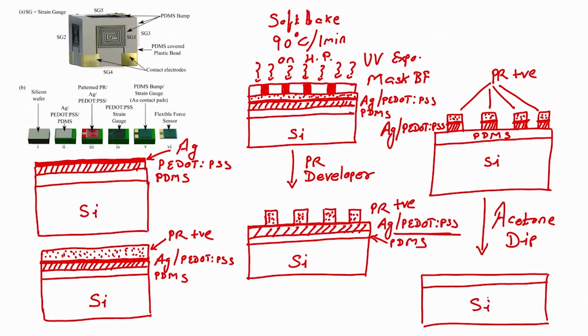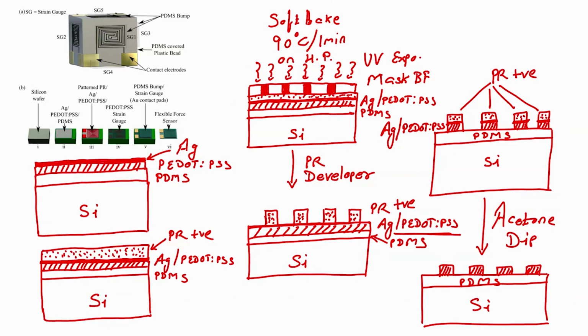So, you have silicon, you have PDMS, right. On that you have PEDOT:PSS. Now you can strip off the silver also. After you strip off the photoresist, the silver that was there, you can strip it off.